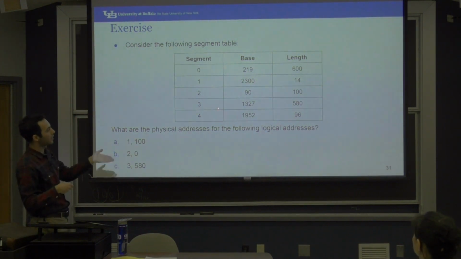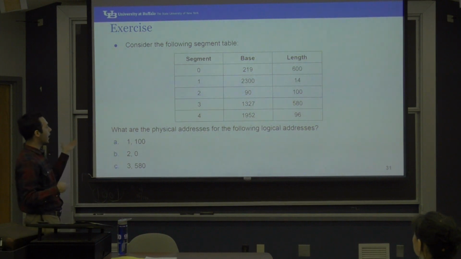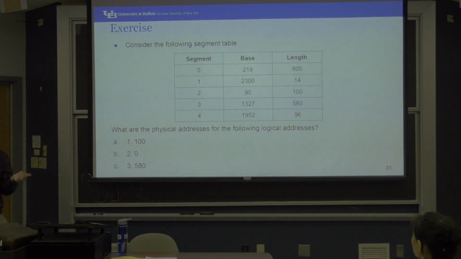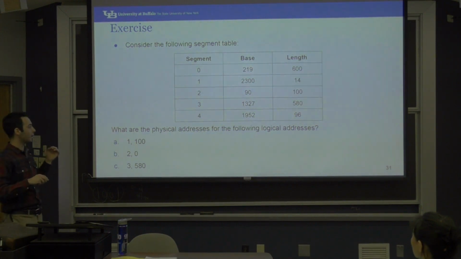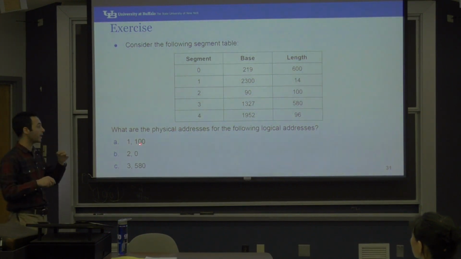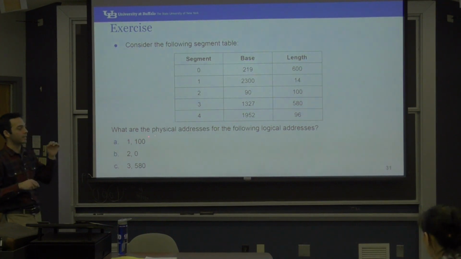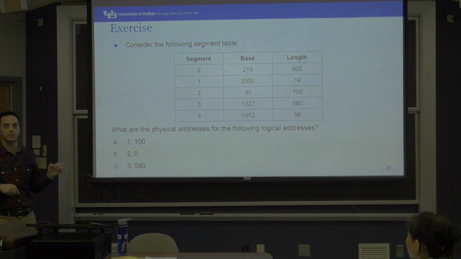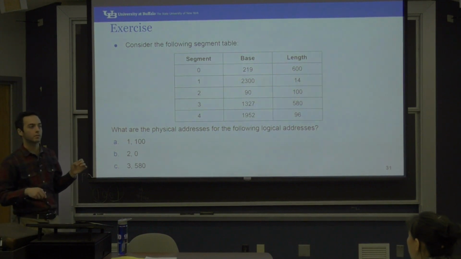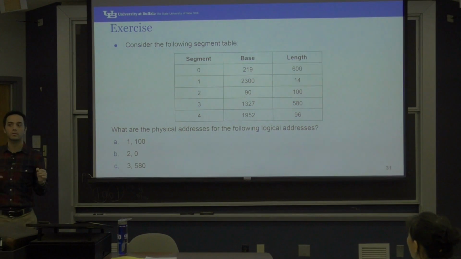So let's say we have these segments with these sizes. Now what are the physical addresses for the following logical addresses? So if the user tries to access byte number 100 within segment number 1, where is that going to be? Go ahead.